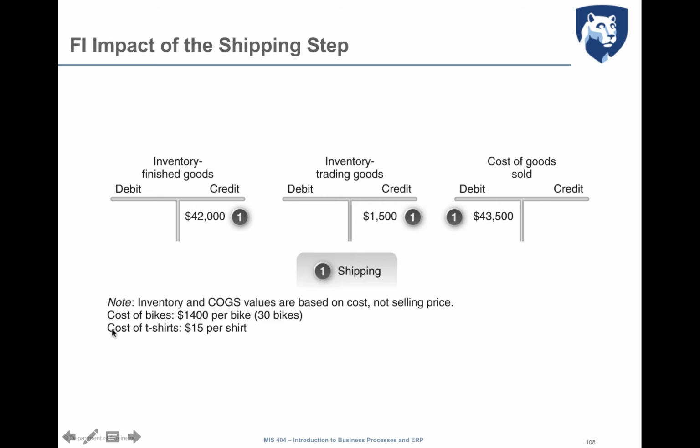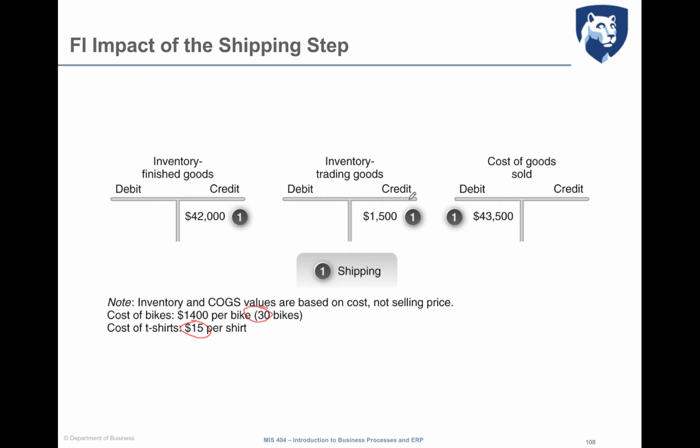First of all, let's review the conditions. The cost of bikes is $1,400 per bike, 30 bikes, and the cost of a t-shirt is $15 per t-shirt and 100 t-shirts.